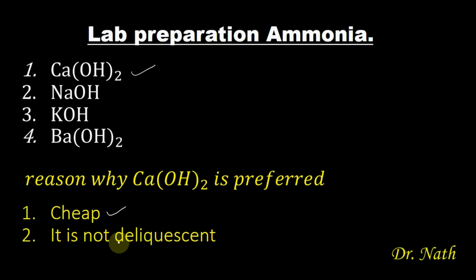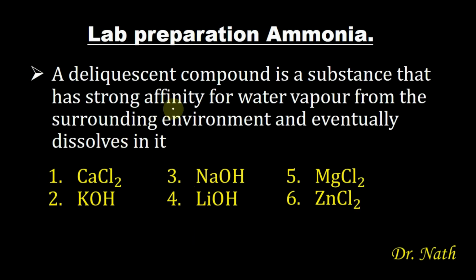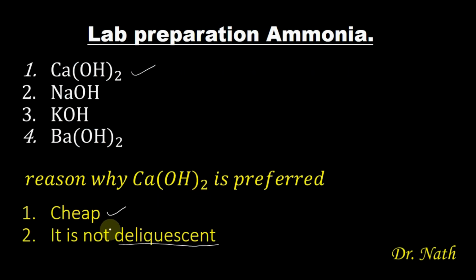And what is a deliquescent compound? A deliquescent compound is a substance that has strong affinity for water vapor from the surrounding environment and eventually dissolves in it. So the reason why calcium hydroxide is preferred is because it is not deliquescent.